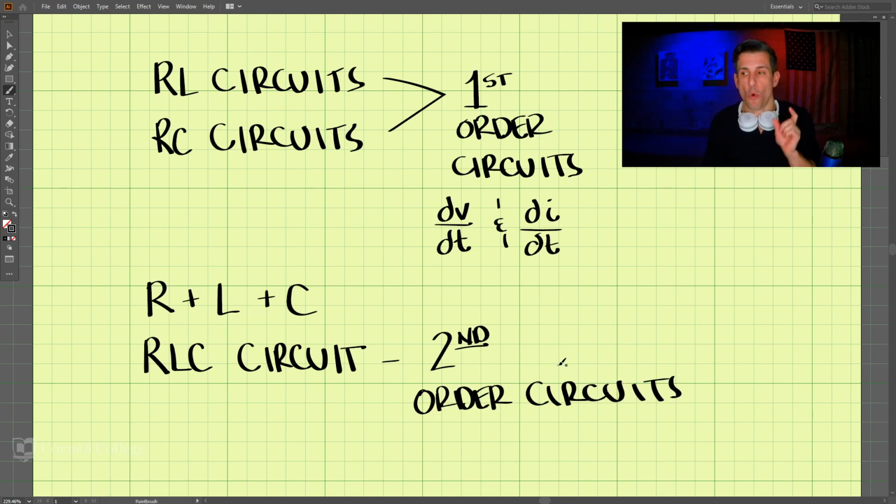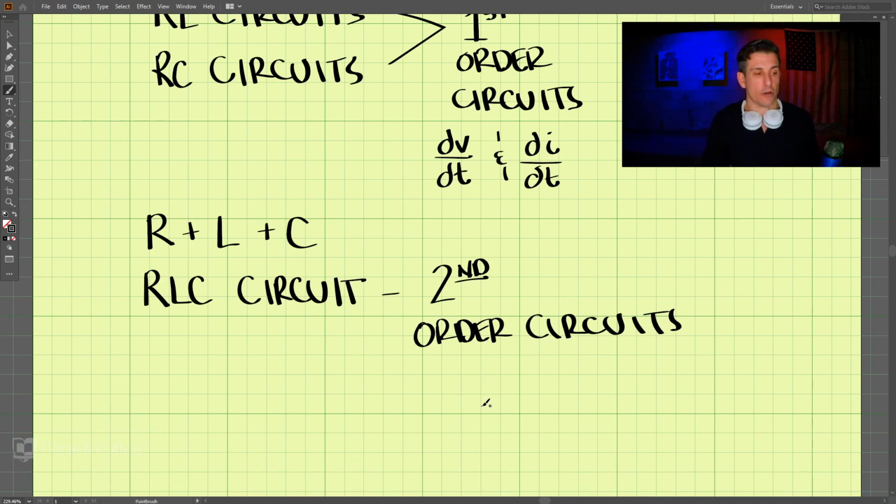So it's a little more advanced. And in second order circuits, we have things like the second derivative of voltage and the second derivative of current with respect to time.